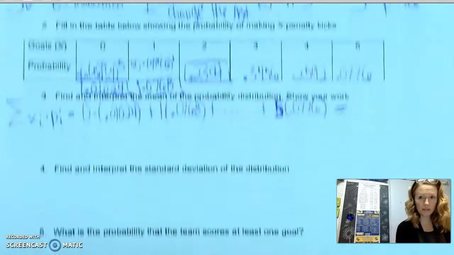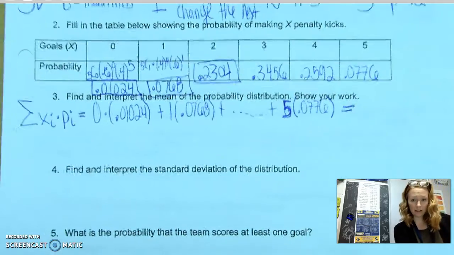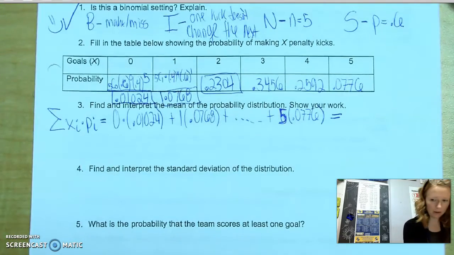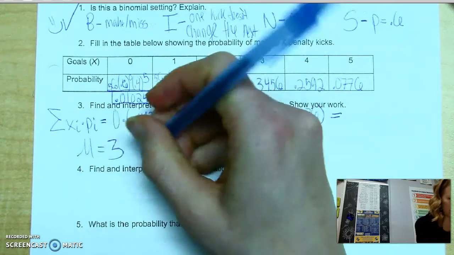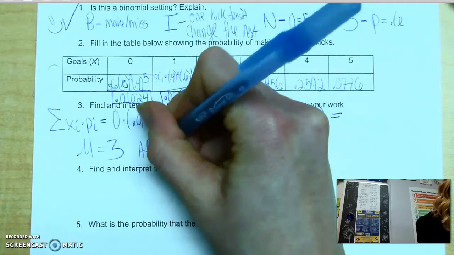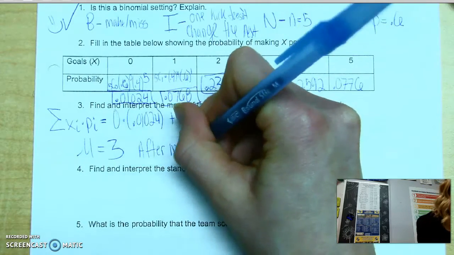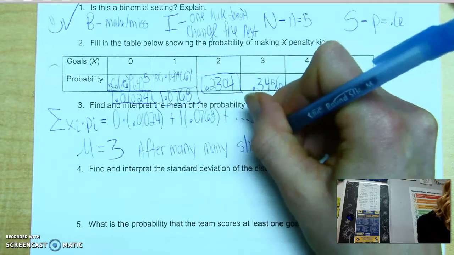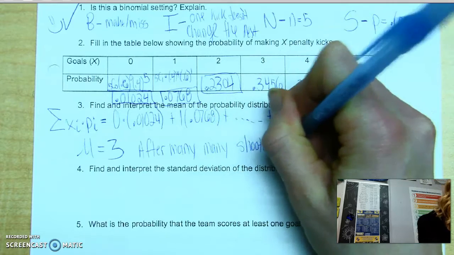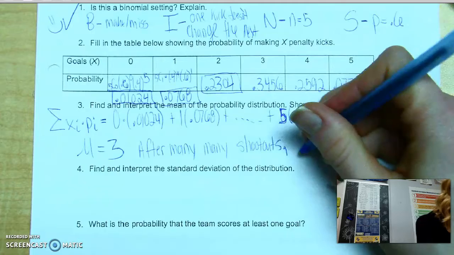you're going to see that on average, we should make about 3 goals. So after many, many shootouts, we would expect to score about 3 goals.